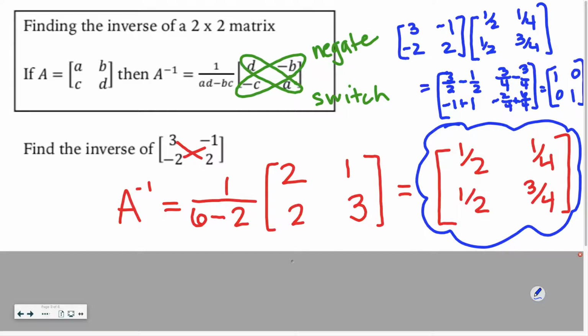Second of all, it's probably going to be a problem in your book: find the inverse and make sure it is the inverse. When we take A times its inverse, we get the identity. Matrix multiplication is not commutative. However, if you have a matrix and its inverse, no matter which way you multiply them, you will get the identity.